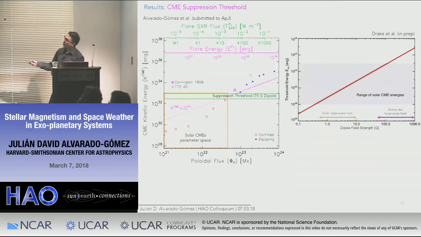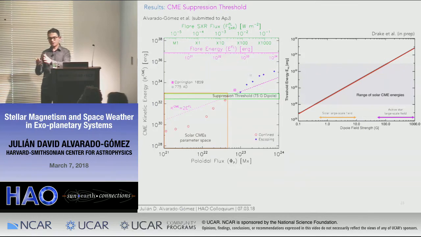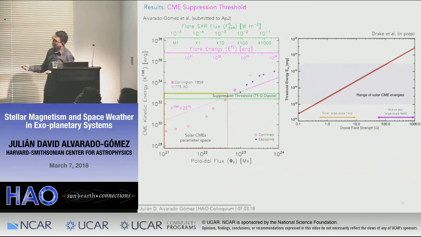Then this is a comparison with another study that Jeremy is pursuing on the same problem, but from a theoretical point of view, calculating this just from scaling relationships. He's not using simulations, but he has, same here, the threshold kinetic energy of the CME, and this is the dipole field strength of the star.